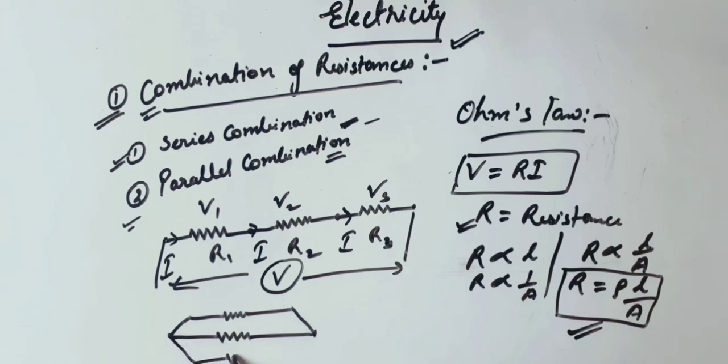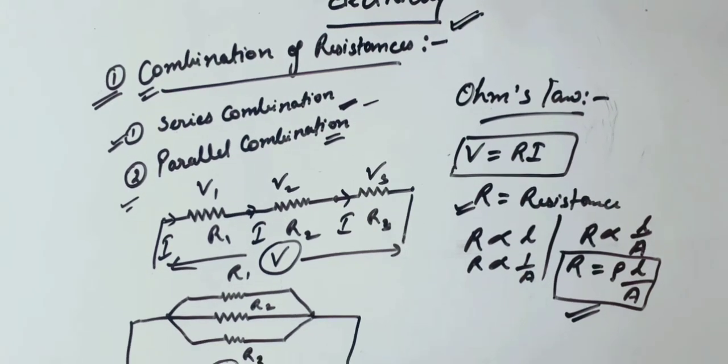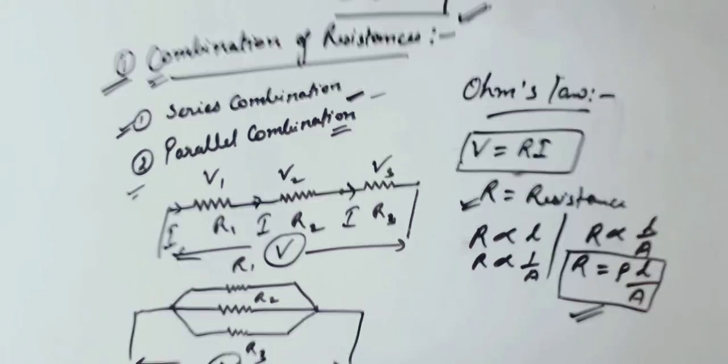So here let us consider three resistances R1, R2 and R3. All these three resistances are combined in parallel combination. In the case of parallel combination, the applied potential for all the resistances will be constant.